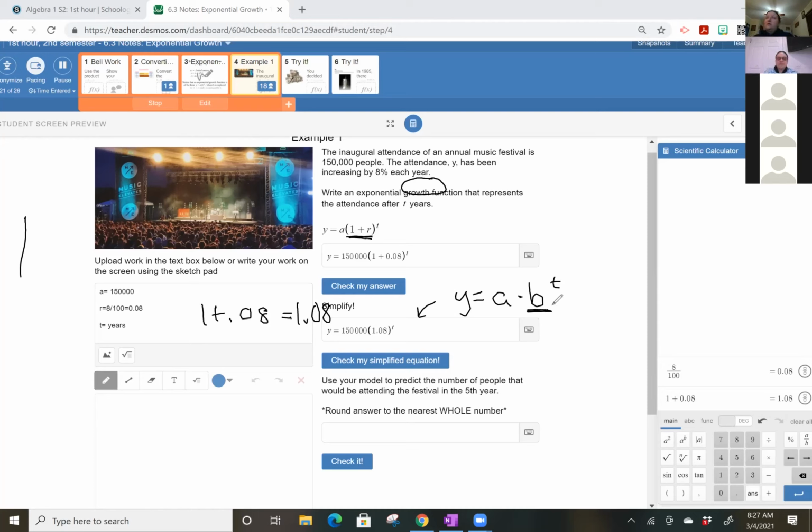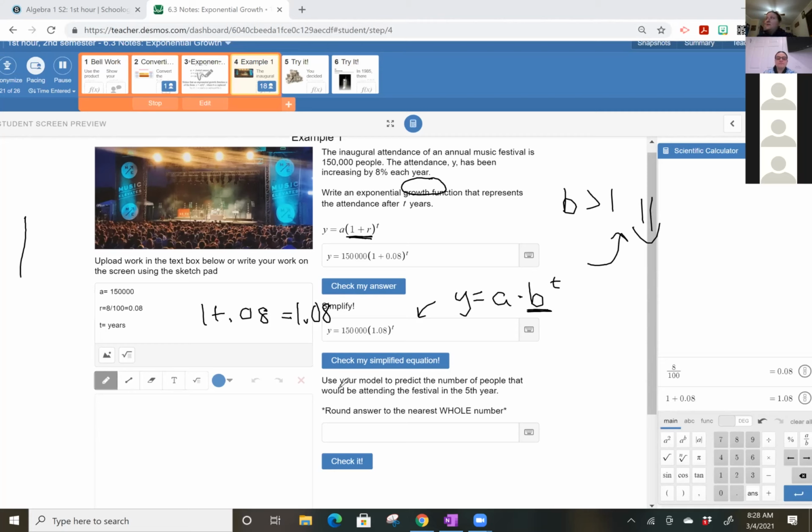This is what we've been doing for 2 weeks. And notice that our b value is bigger than 1. They told us that this concert population is increasing. So all of these connections, all of these dots make me a happy camper. So just make sure that you're adding the two together.